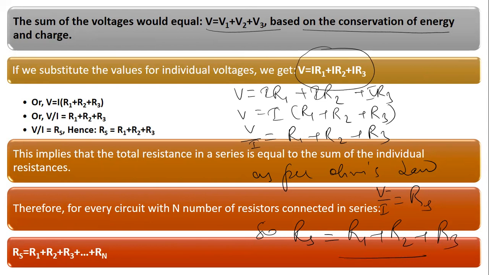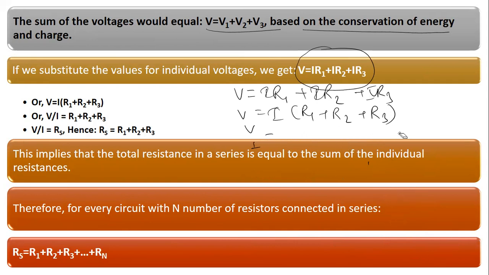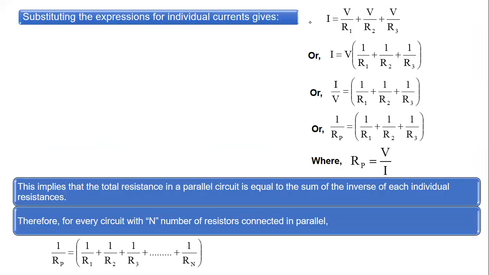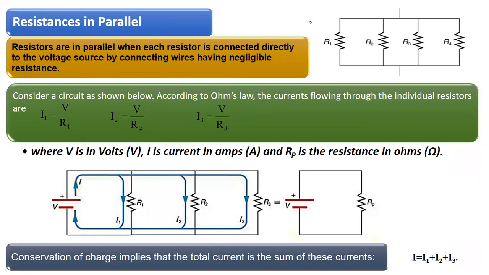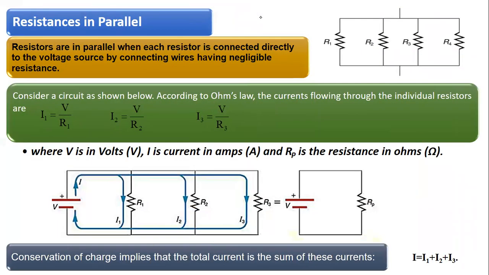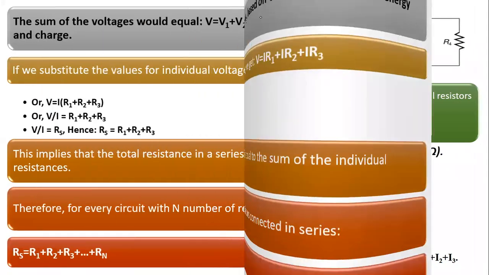That means if you have resistances connected in series, the total resistance across the input terminals, which we also call the equivalent resistance, is equal to the sum of each resistance.